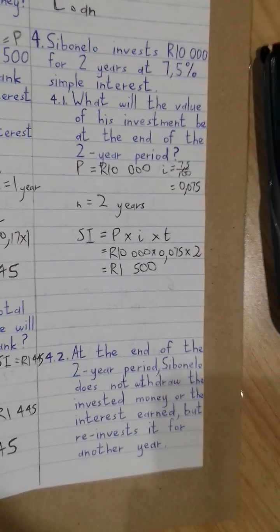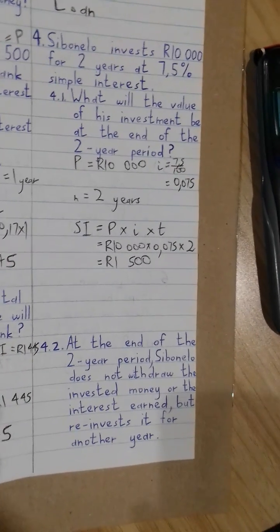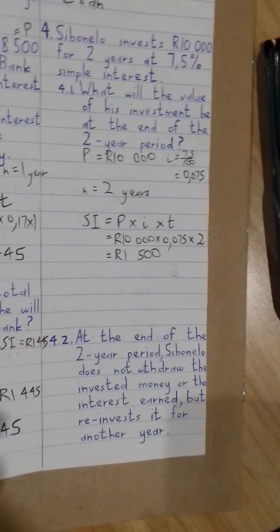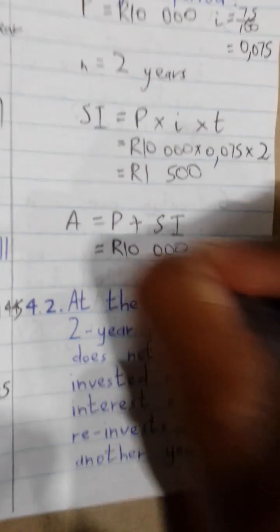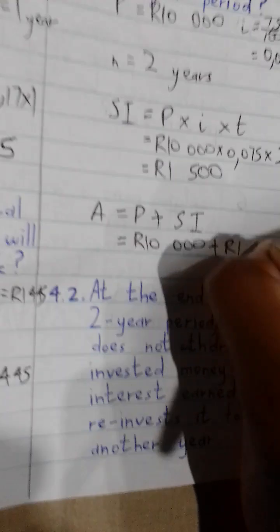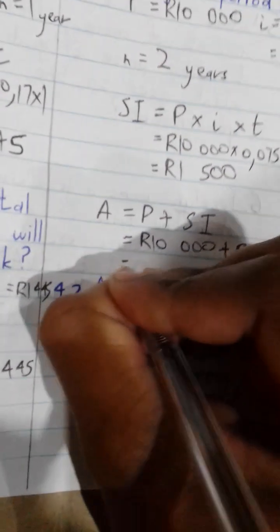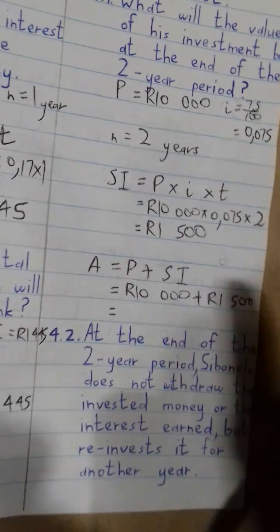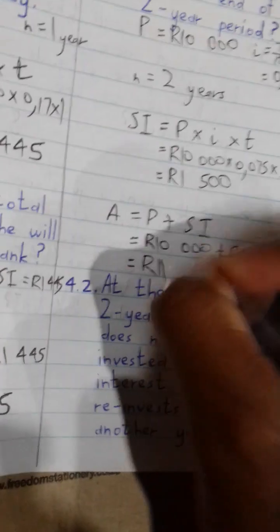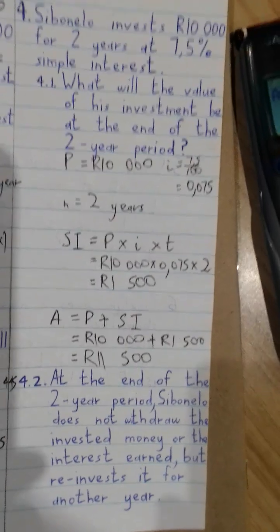Now it states the value of his investment, right, at the end of the 2-year period. So the value is the full amount, which is 10,000 rand plus 1,500. I'm getting 11,500 rands. Okay, I hope that's clear enough.